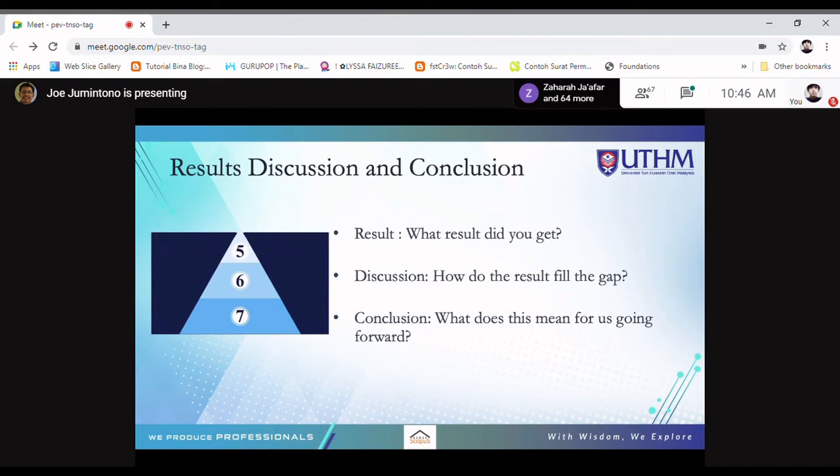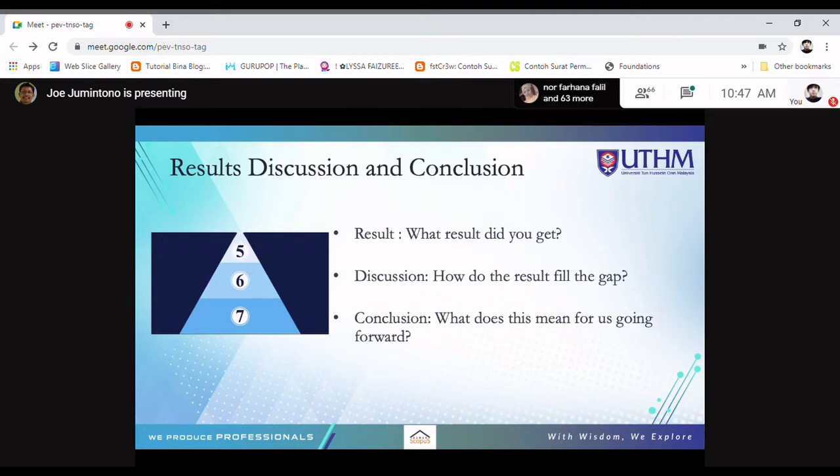The discussion in the paper is the communication between the result of the research, the gap that you put in the introduction, and the expert opinion or literature.